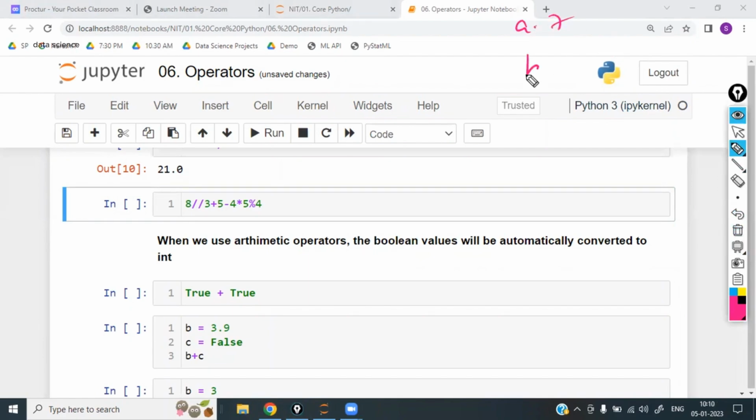Option A 7, option B 8, option C? Anything else? Anyone apart from 7 and 8? Is there any other answer?